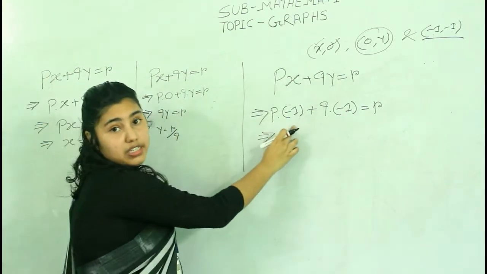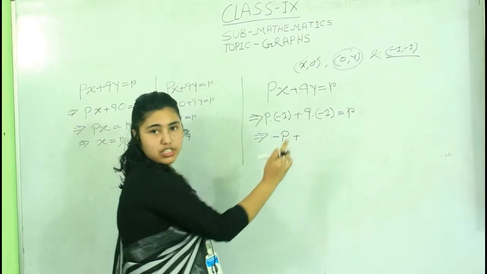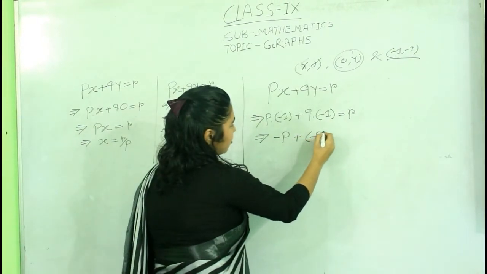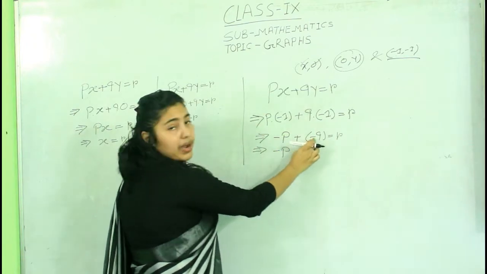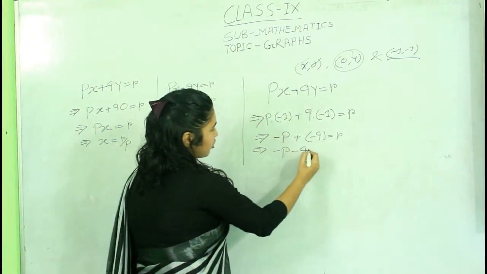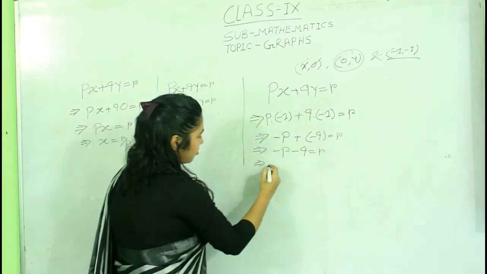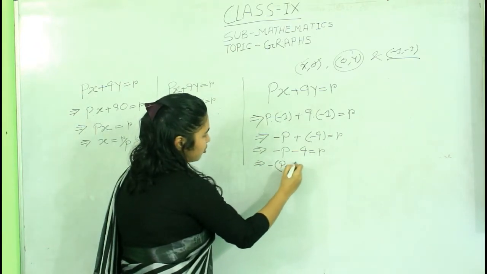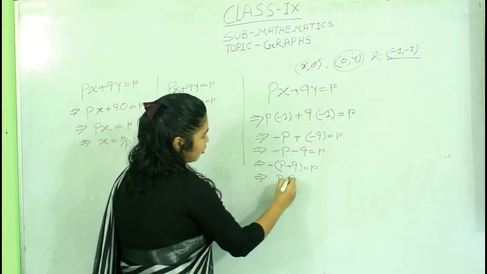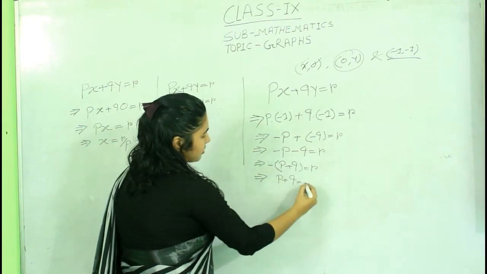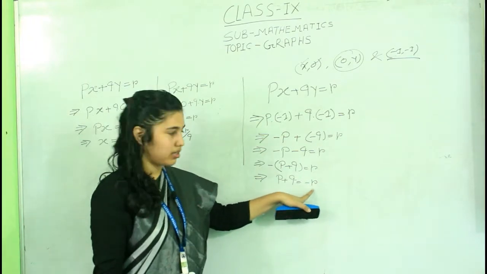So minus p minus q equals r. Now take this minus common, so p plus q equals minus r.